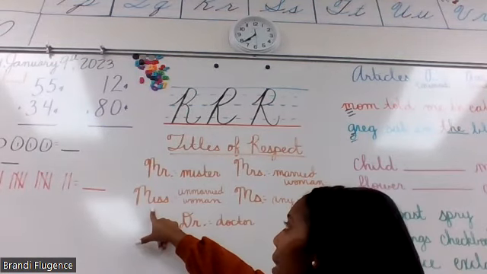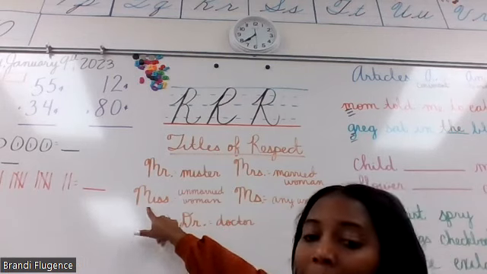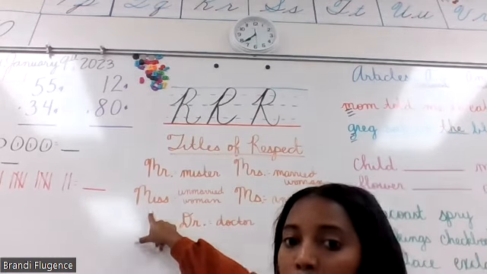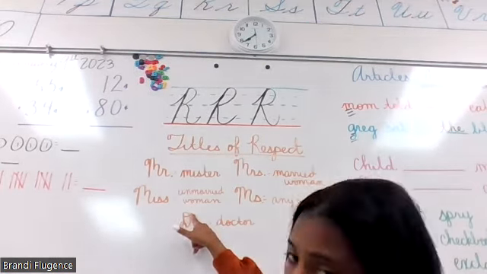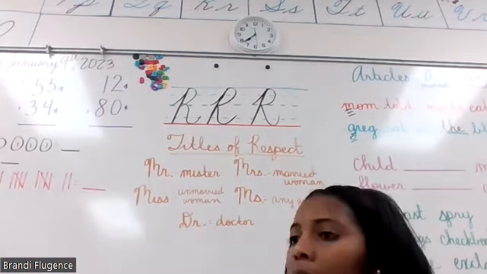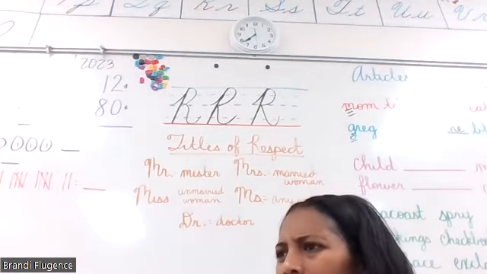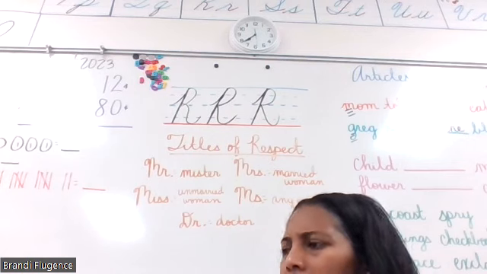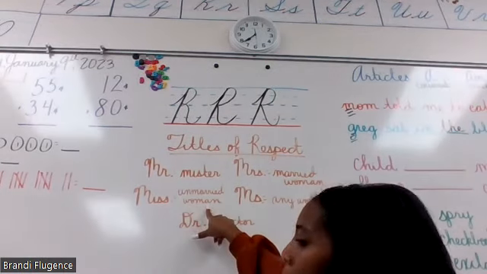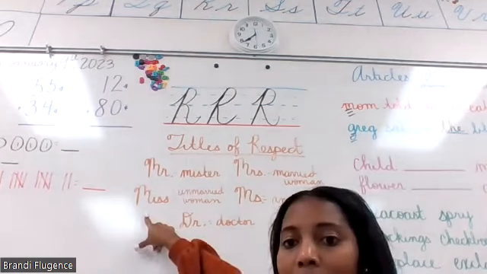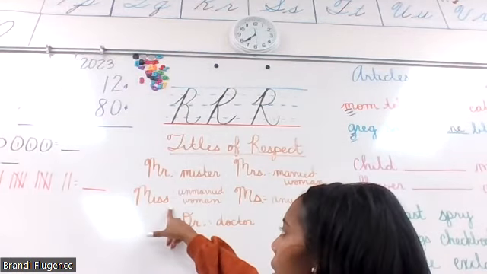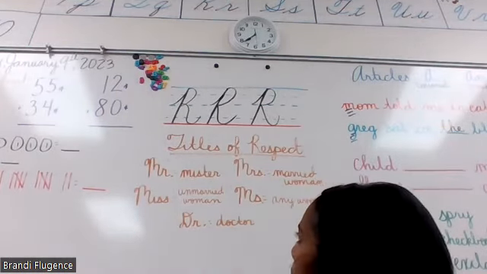Next, we have Miss, M-I-S-S. This one is different. This is for a woman that is not married. So if a woman is not married, you would just put Miss, M-I-S-S dot. Okay?